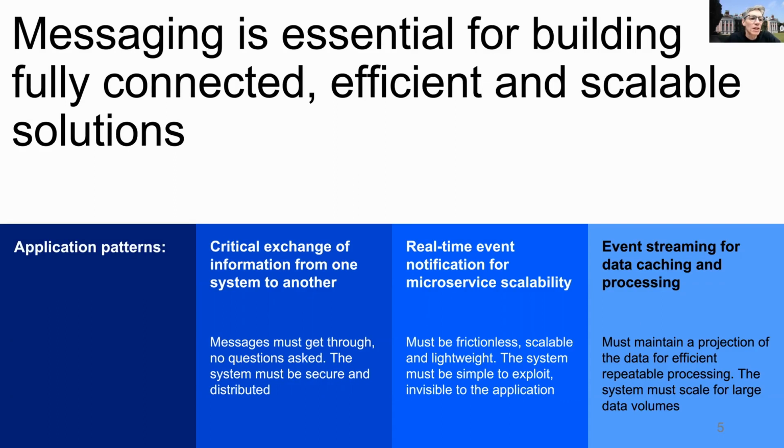Messaging has been an endemic part of CICS application architecture for a while, with IBM MQ, and it's really an essential part of building the connected, efficient and scalable solutions where those different components of an application architecture tend to be on different platforms and perhaps use very different technologies. So allow those systems to intercommunicate in that reliable, robust way.